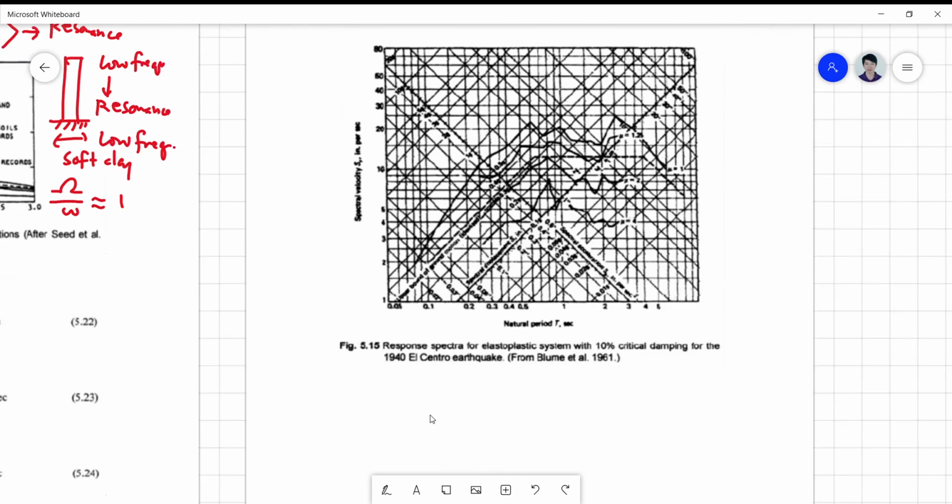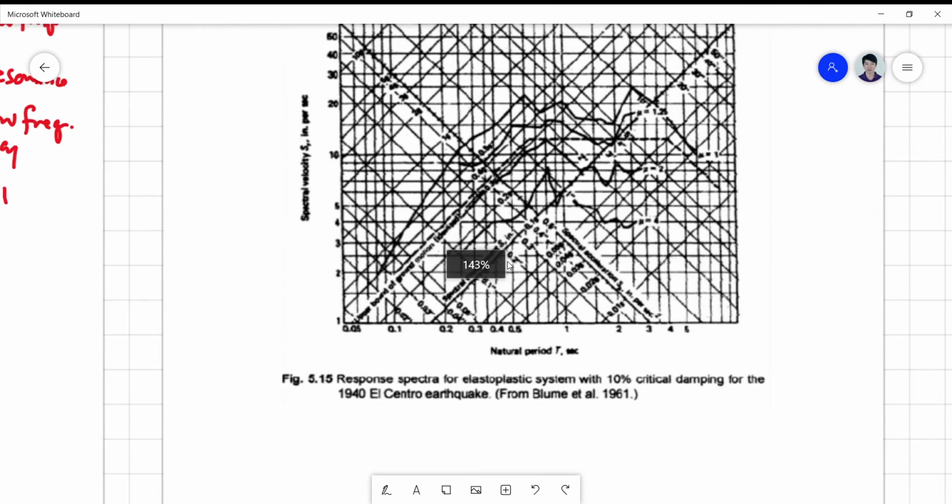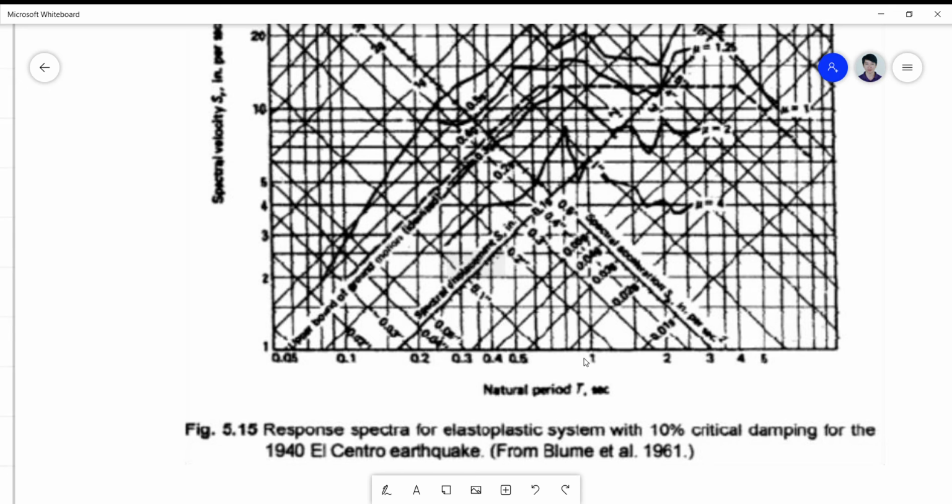Okay. This is 5.15. So if we are going to take a look at your ductility factor, this is 4 on the graph. Here's the ductility factor, and the period is 1. So we can set actually your point somewhere here.